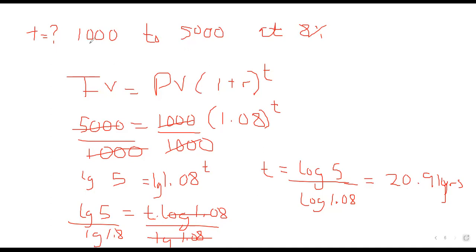Lastly, sometimes the examiner will ask you for the rate. At what rate will 1,000 kwacha double to 2,000? How long will 1,000 kwacha grow to 2,000? At what rate will 1,000 kwacha grow to 2,000 in 5 years, if compounded annually?